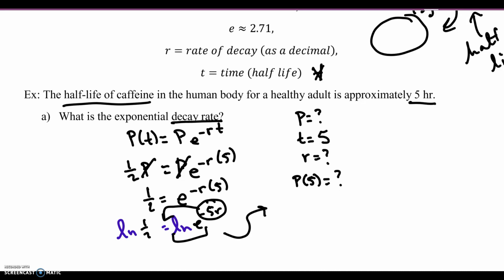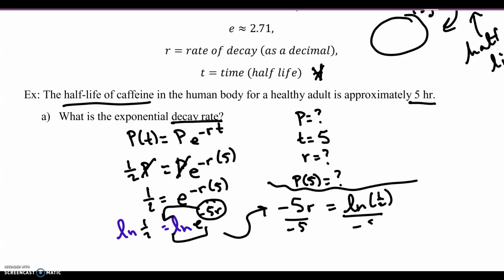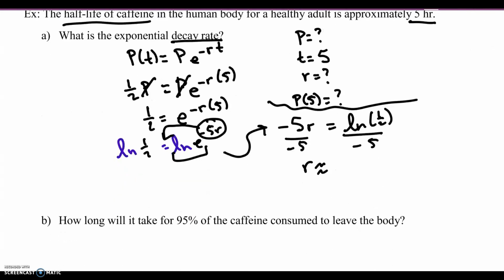Ln of e is just 1, so I'm left with negative 5R is equal to ln of 1/2. Now let me divide by the negative 5. Rounding to 4 decimal places, R is ln of 1/2 divided by negative 5, which gives me 0.1386. That is going to be my rate.